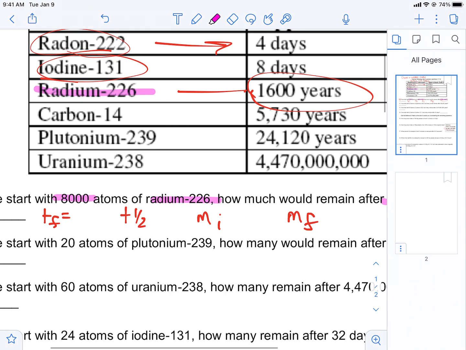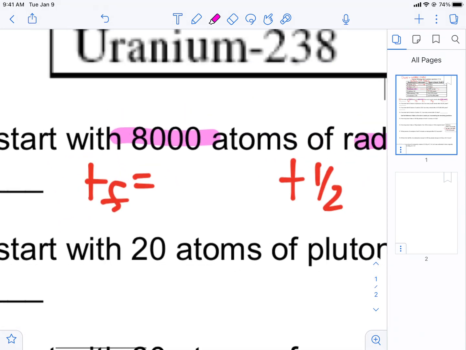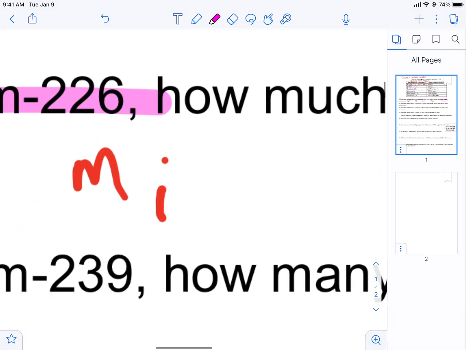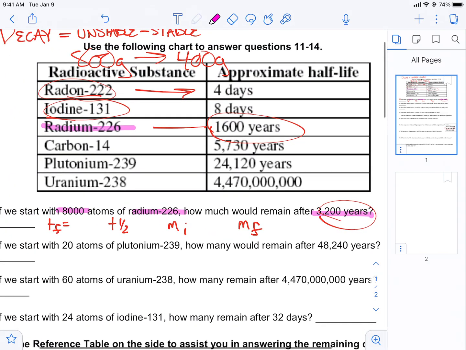So we have to identify 4 variables for every half-life problem we attempt. And they are the total time it takes, or TF, final time, the time of half-life, mass initial, or your initial value, and your final mass, or MF. So we're going to make sure we have equal signs for all of these, and identify our variables.